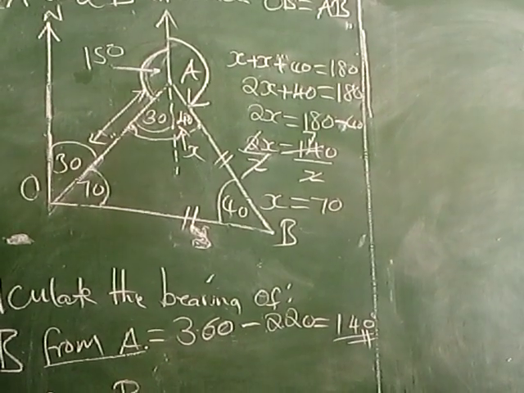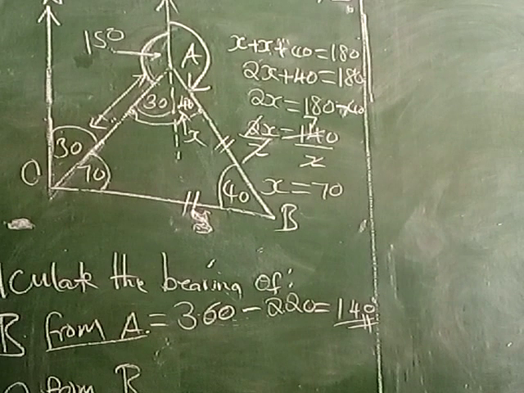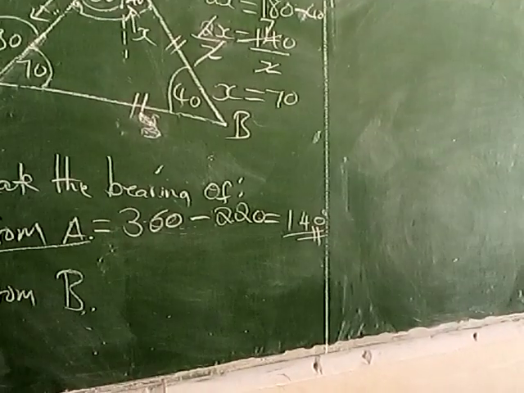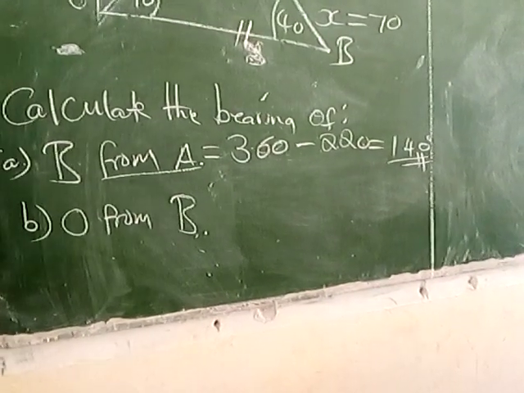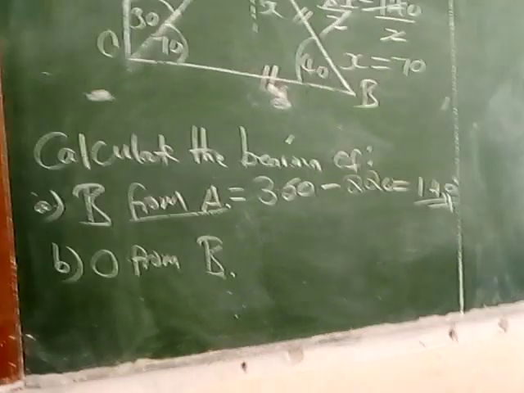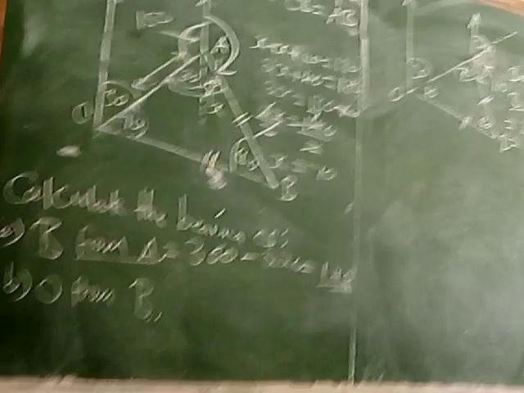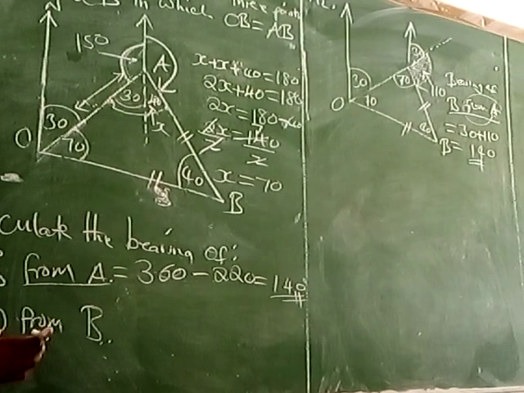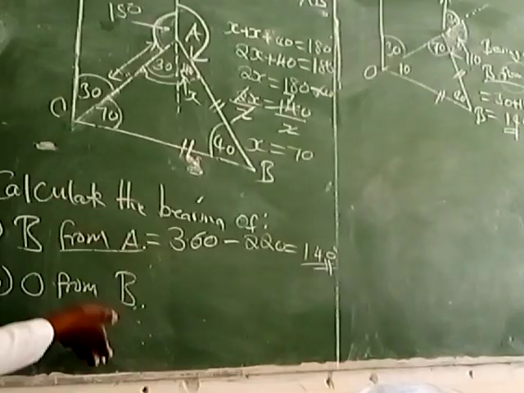Okay, have you seen? Another way you could actually appreciate this, the B part. Let's look at the B part, my people. We see how we go about the B part. So the B part is saying the bearing of O from B. Remember, we always concentrate on the last point.